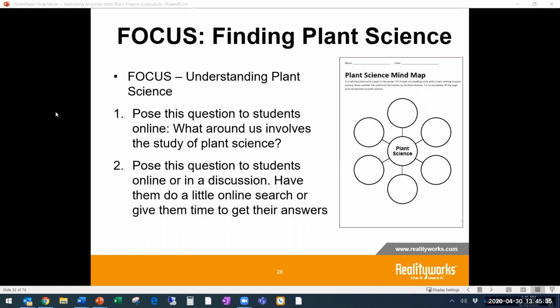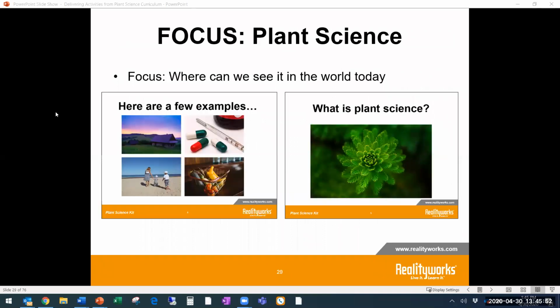The plastic water bottle that you're using, how does that involve plant science? The clothes that we wear, the bamboo cutting board that you are cutting your food on. There are a lot of different things to work through in finding ways and looking at what is involved with plant science.